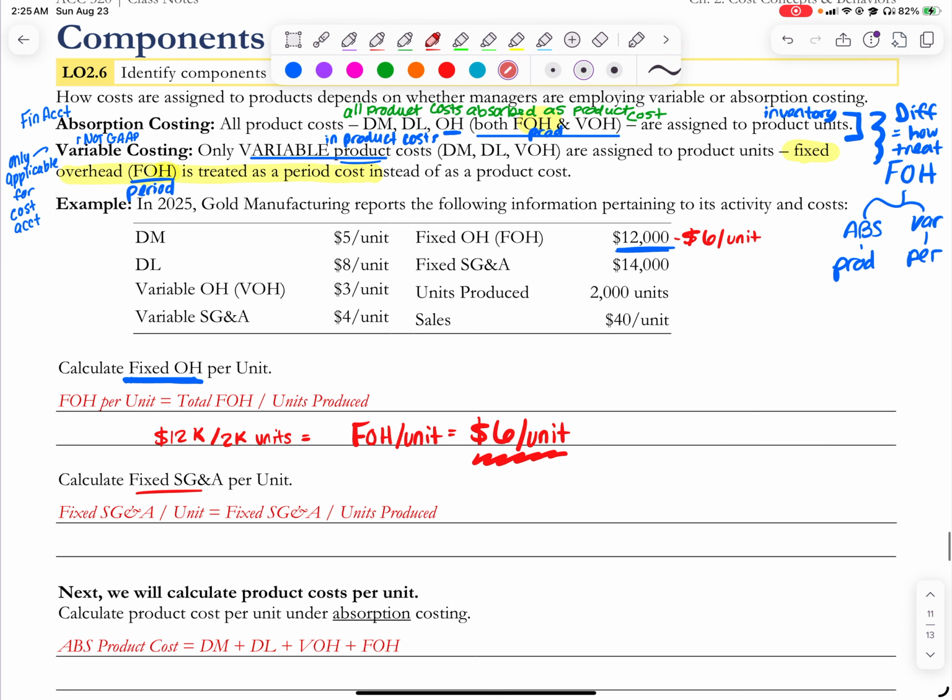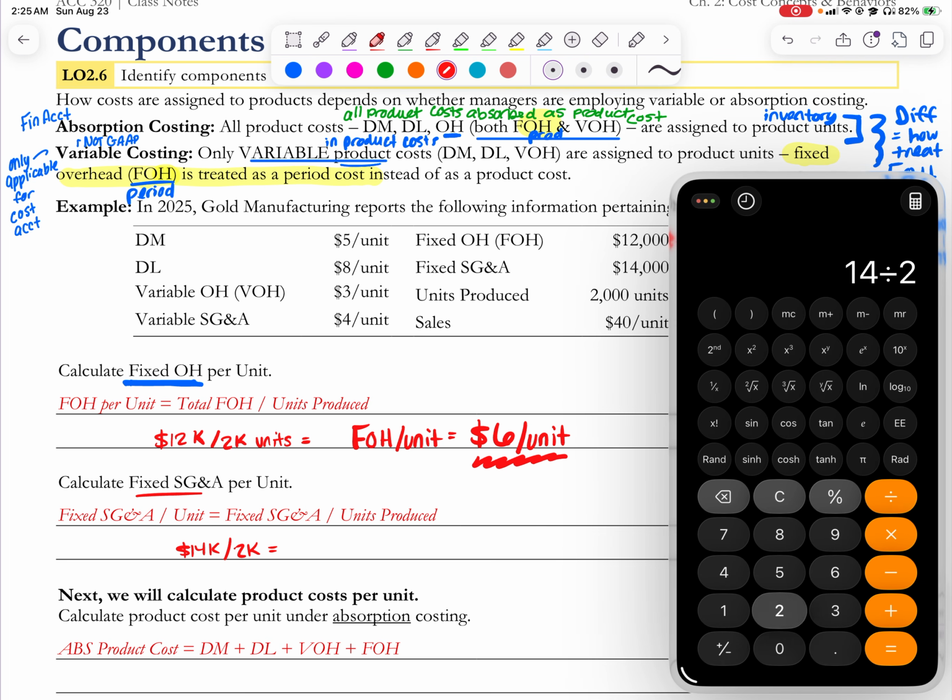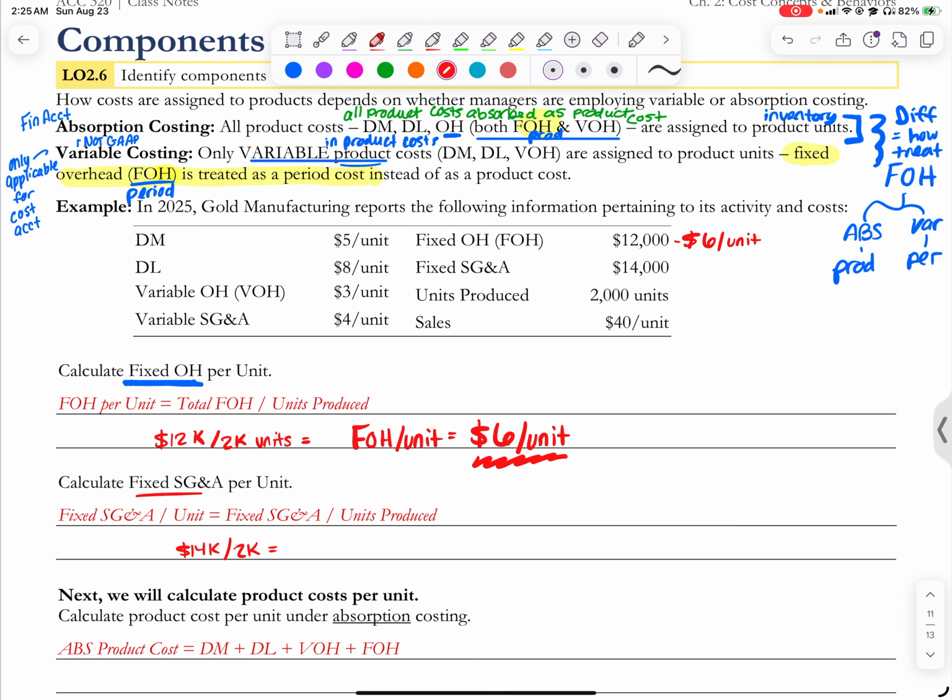Fixed SG&A per unit. That's a total of 14,000, allocated out over the 2,000 units, which is $7 per unit.